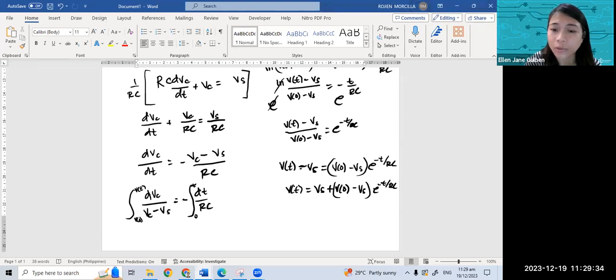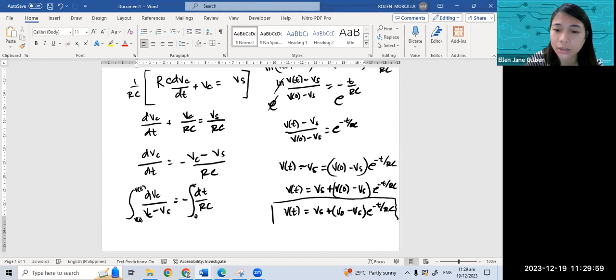So we're just going to convert the V at 0 into V0 so that this can be applicable to any time frame where the switching has occurred. Vs plus V0 minus Vs e to the negative t over RC. Okay, so this is your voltage for all time t greater than t0 or t greater than 0.